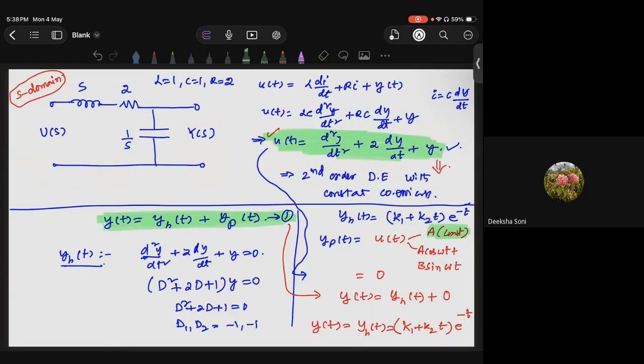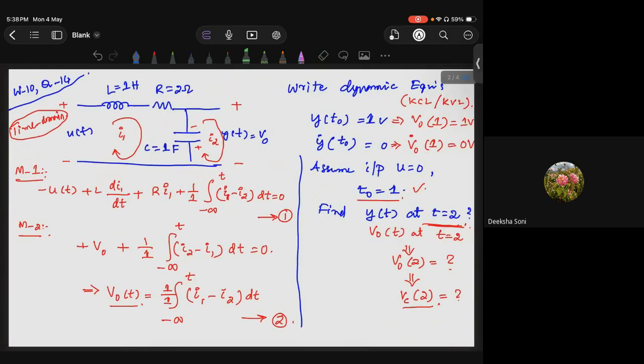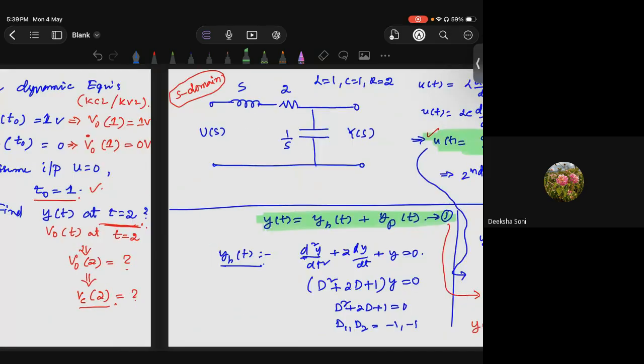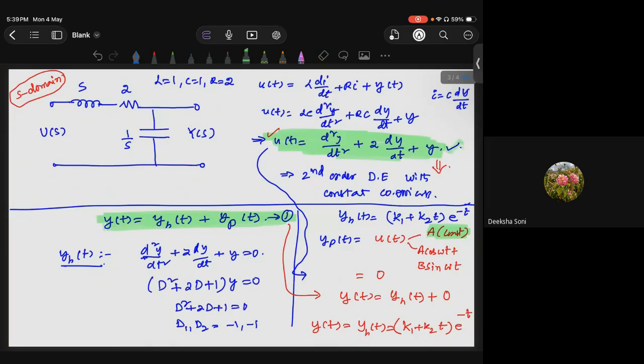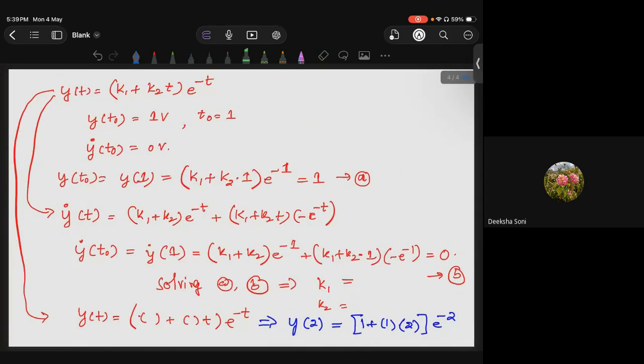You should get the same equation. Is this clear? This is one way. Even this way is also right. I'm taking I1, I2, and again I'll end up with your equation only. So any way is correct. Any doubt?